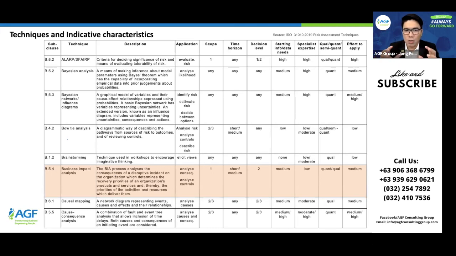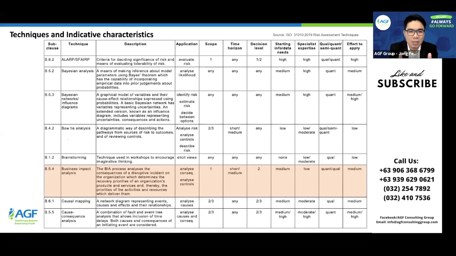Because in your QMS, when you do your risk management, when you do your risk identification and assessment, you look at, again, let me emphasize this, process risk, department risk, organization or enterprise-wide risk. So if you want to understand what risks can probably affect the organization, you might want to use the business impact analysis.